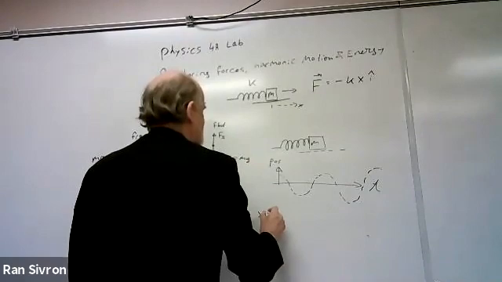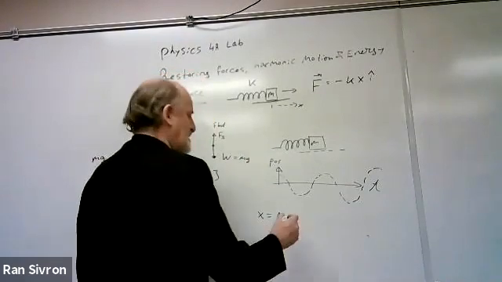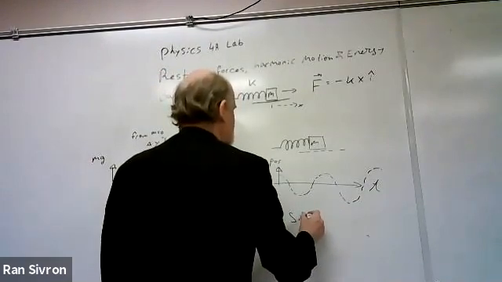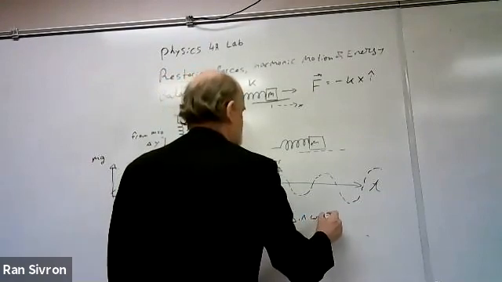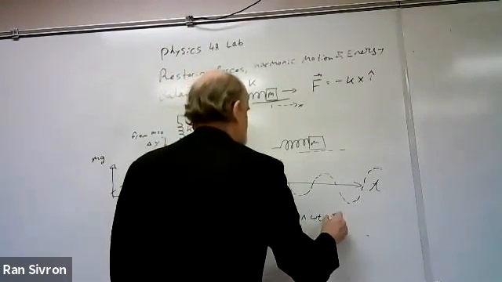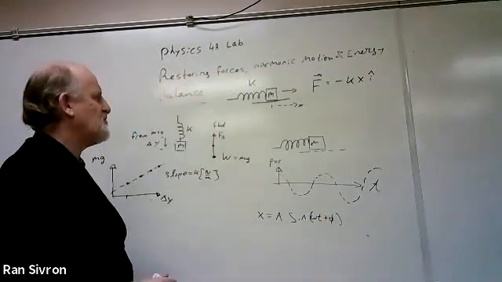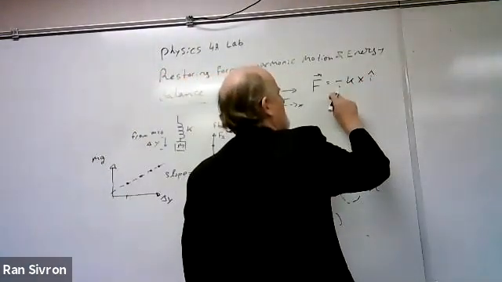If we're looking at x equals some amplitude times either a sine or cosine wave, I'll use a sine. That's a solution to our equation, because the equation is actually this.